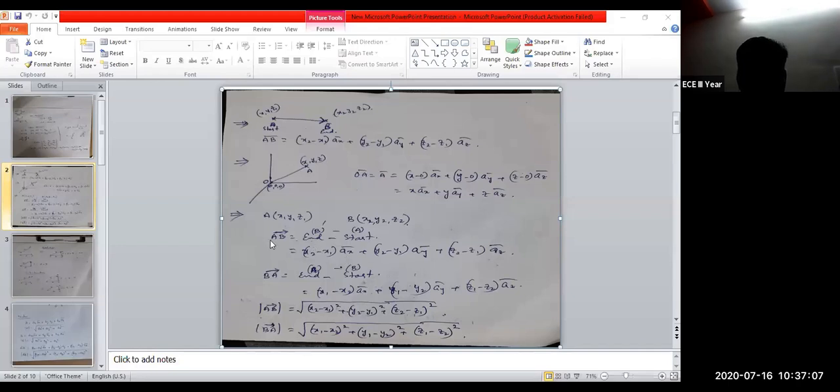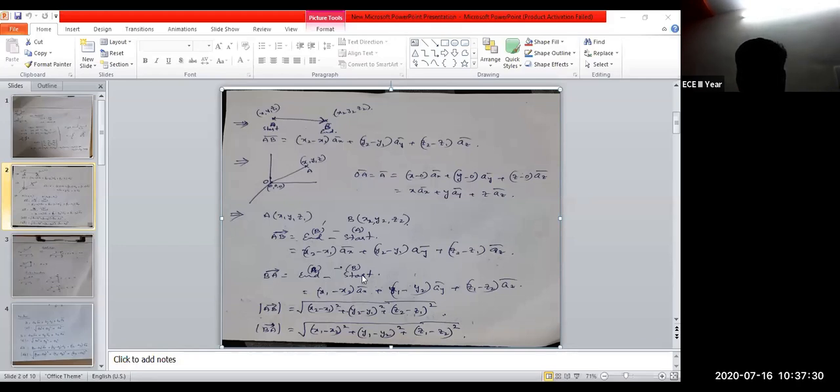Then AB bar represents what? A is the starting point and B is the end point. End minus starting point. So it is (x2 minus x1) into ax plus (y2 minus y1) into ay plus (z2 minus z1) into az.